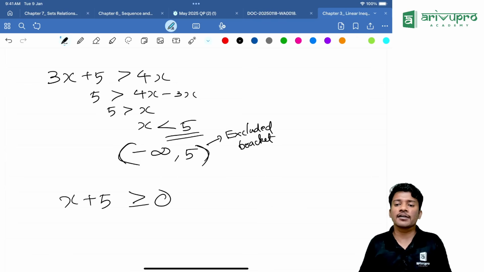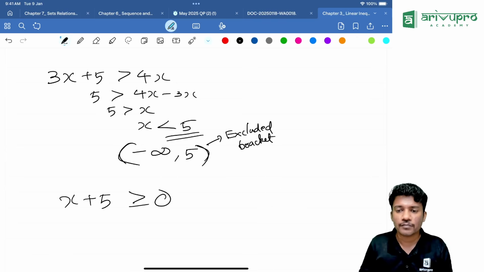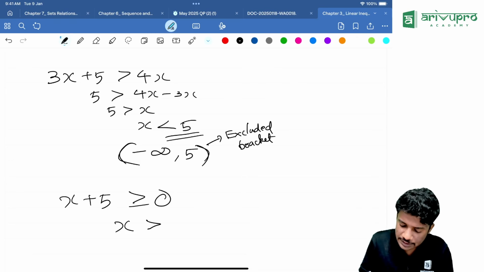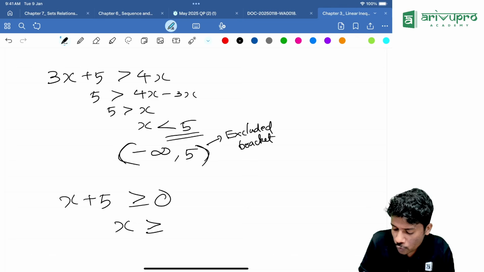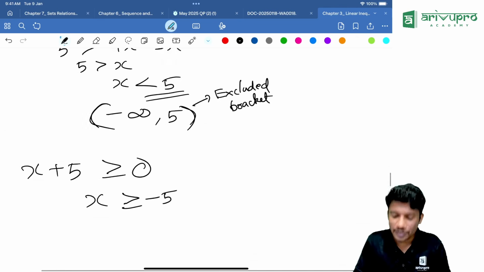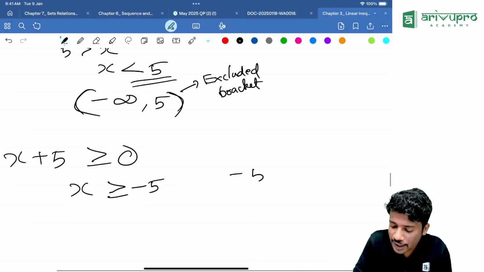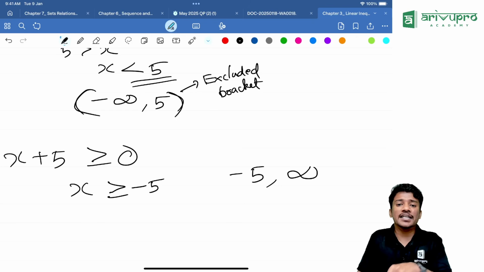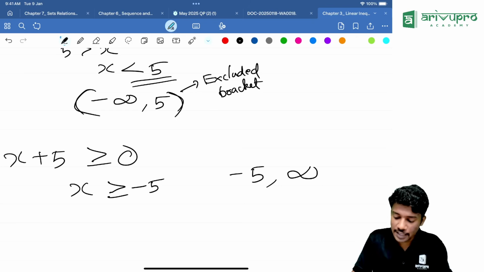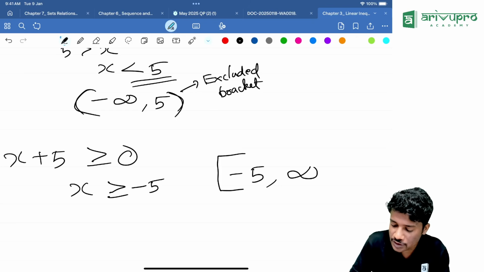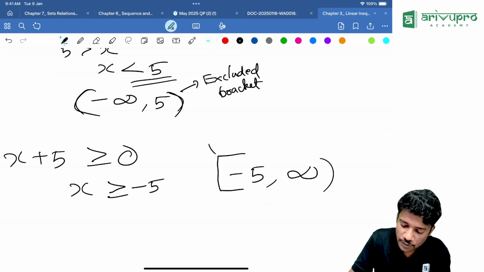What is the possible value of x? X is greater than or equal to minus 5. So how can I write that? Minus 5 to infinity. But is minus 5 included here? Yes, that means our bracket will be like this. This is an inclusive bracket.